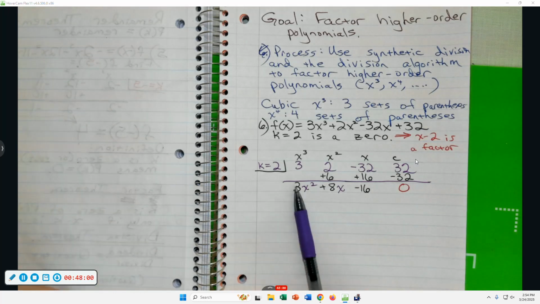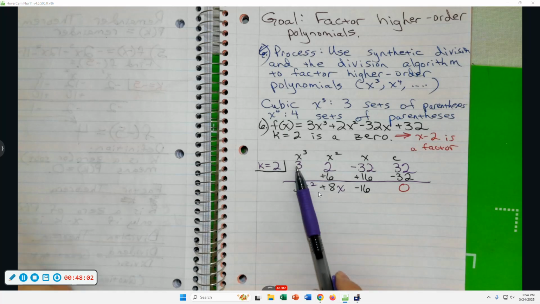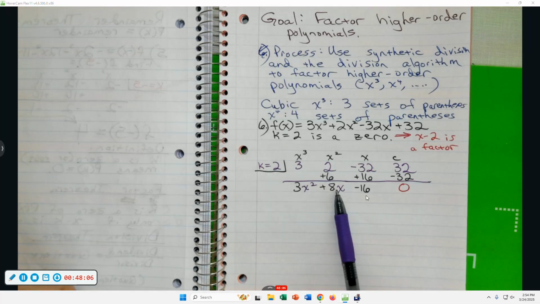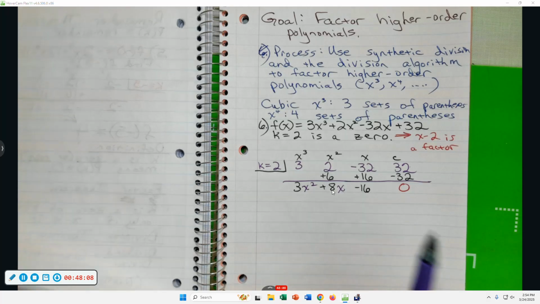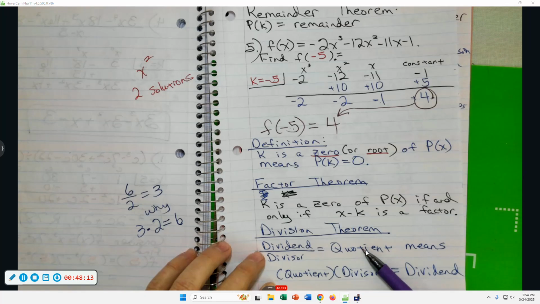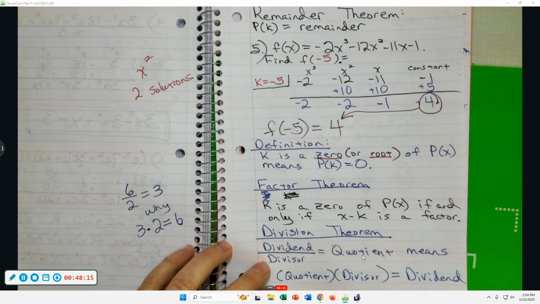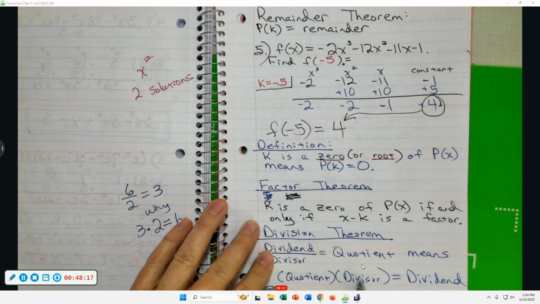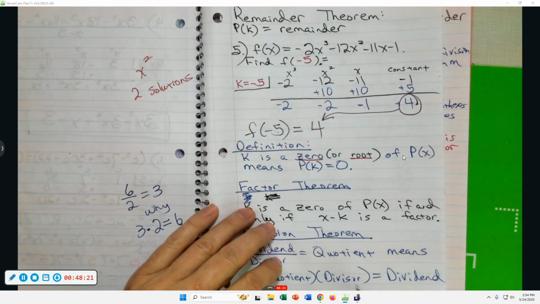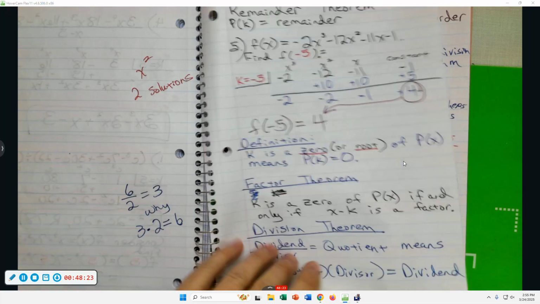So think about what we've done now. We know here's the quotient. The dividend divided by the divisor gives me the quotient. That's why I wrote out this division algorithm. The quotient times the divisor has to give you the dividend.